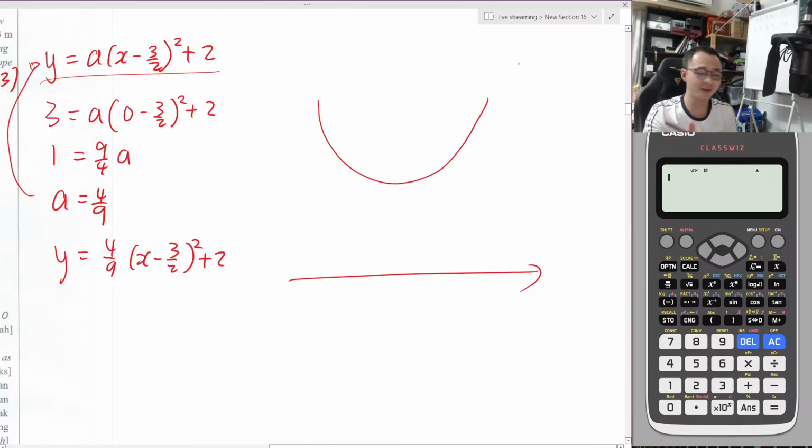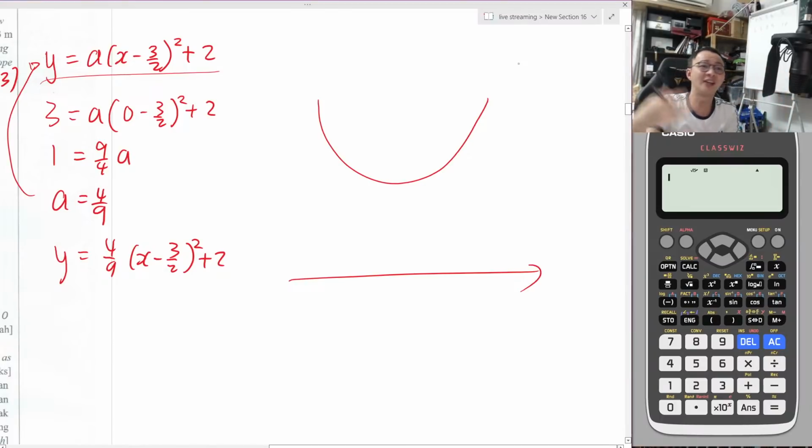But it depends. If the question asks about the equation, then normally they have to tell you a point, because without the coordinate we cannot get a very accurate equation. But if the question asks you to find some volume or some distance or some length, then where you put the y-axis doesn't matter. Where you put the axis, you will get a different equation, but that different equation should lead to the same length of the loop.